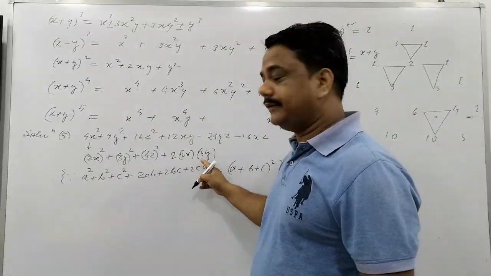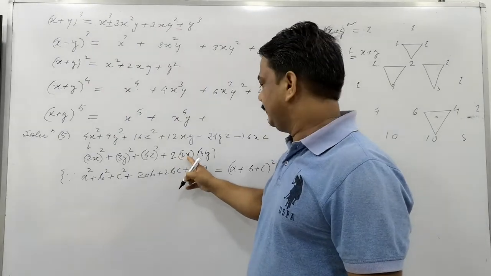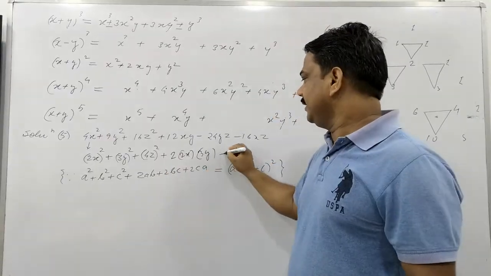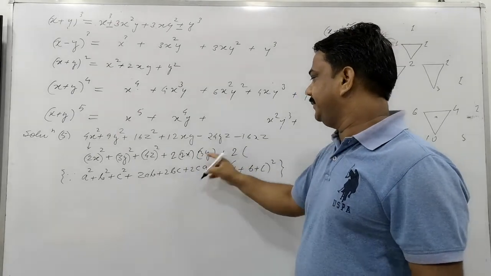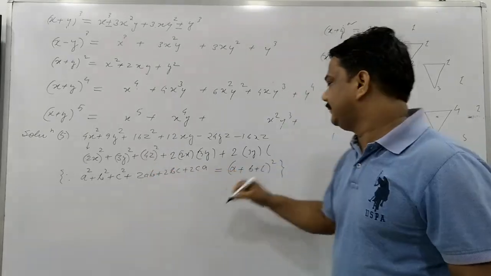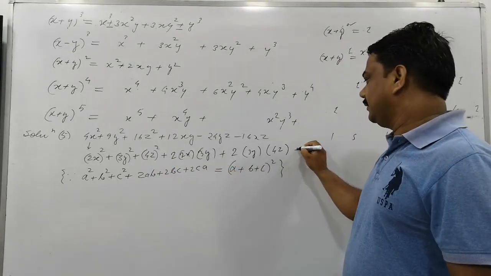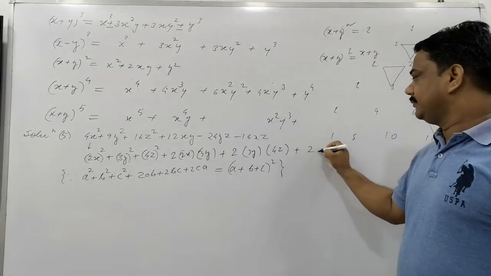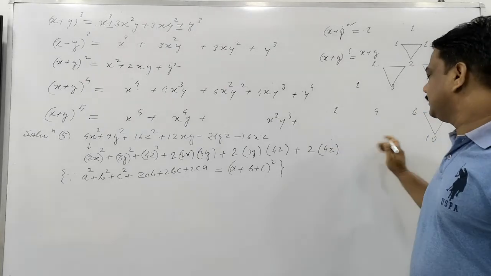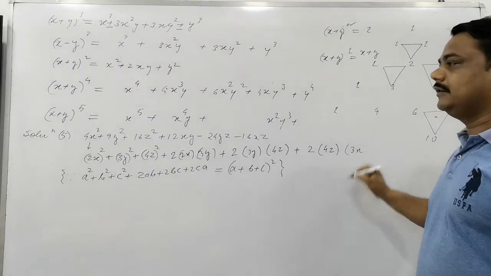Is it suiting this? 2 2s are 4, 4 3s are 12xy. Is it coming here? Yes. Now next also 2 times b, and what is c here? The c is 4z. Now next is also 2 times 4z, and plus what next? 2x.